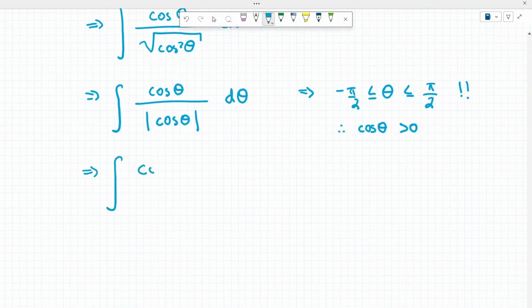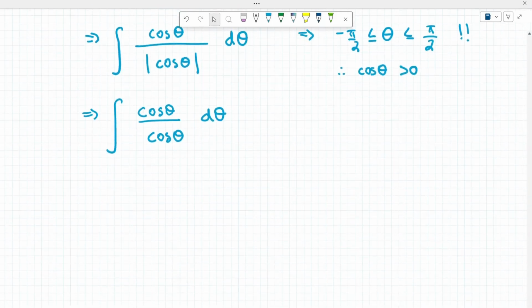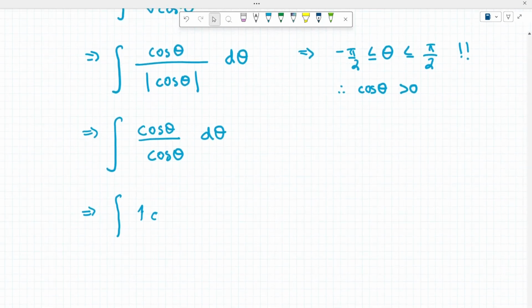So that simply means that we have cos theta divided by cos theta d theta. And I think we can see where this is going. This is simplifying quite nicely. So this will simplify to 1 multiplied by d theta. And this will end up with a really nice integral that we can solve very easily.